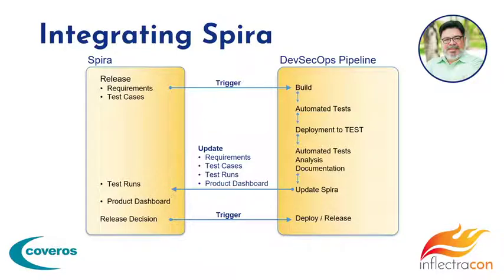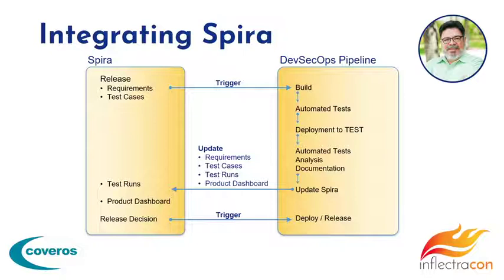The pipeline run creates a build and it triggers the launch of automated pre-deployment tests. Once those tests are completed, deployment to the test environment happens. On the deployed environment, we run additional tests, analysis, and create documentation. Once this is completed, we update the linked Spira artifacts and create representations of the executed test runs.